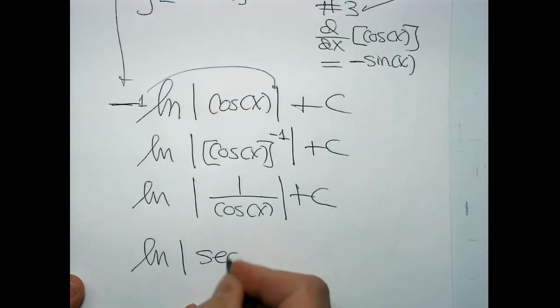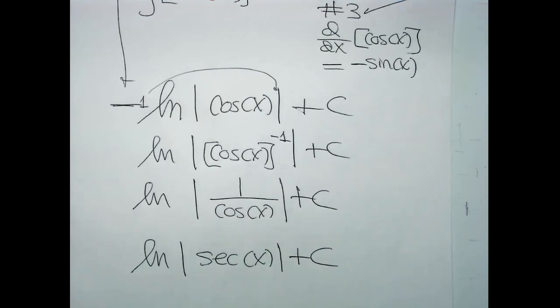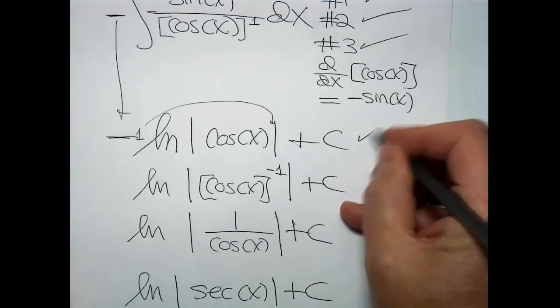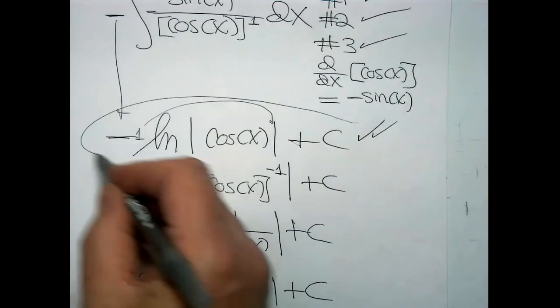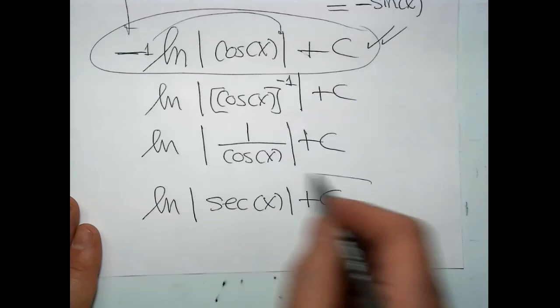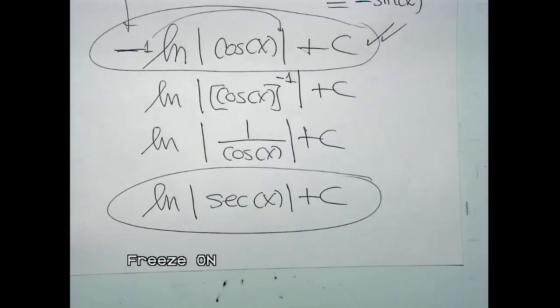Isn't that secant? It is secant. So it seems that they mostly use this one when we look up the tables for integrating tangent, but certainly that's got to be a valid result as well.